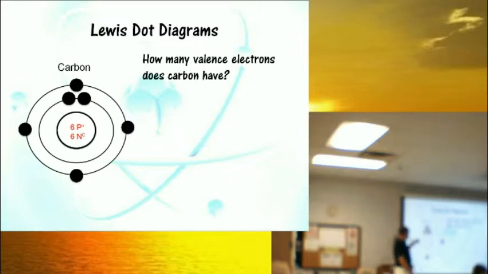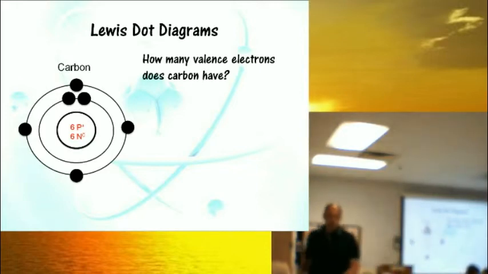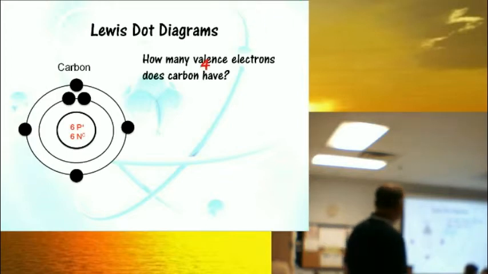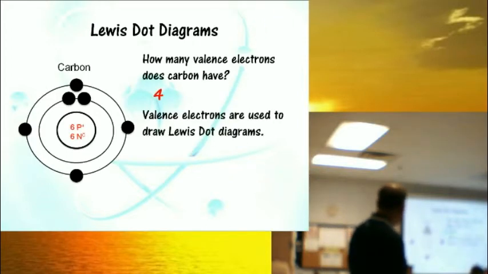How many valence electrons are in carbon? Armando. There are 4. Remember, they're in the outer ring, and there are 4 of them. So, carbon has 4 valence electrons.